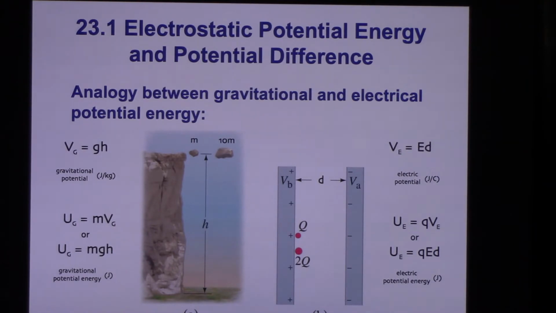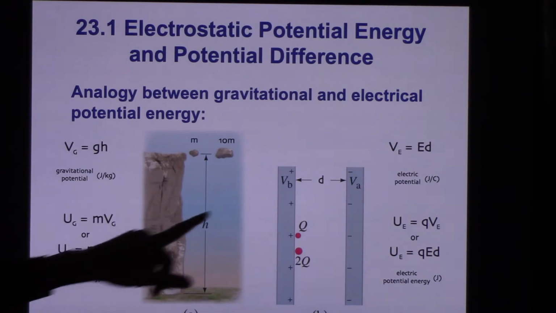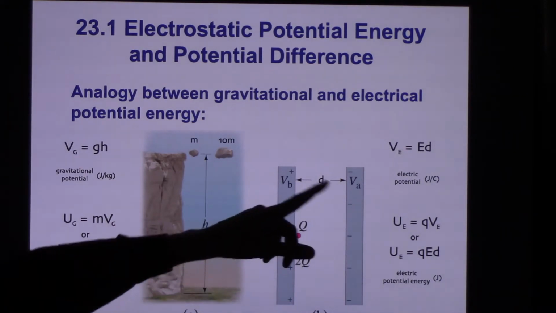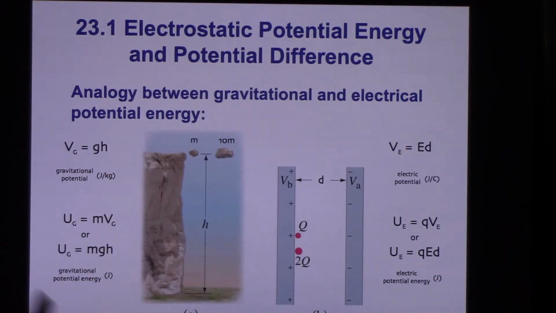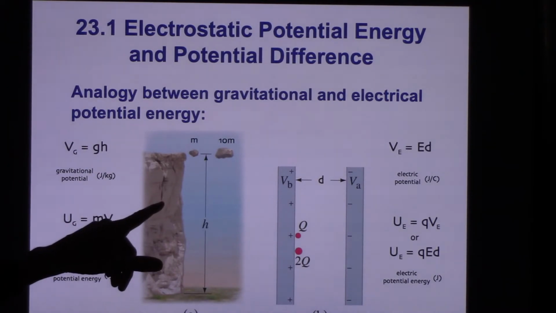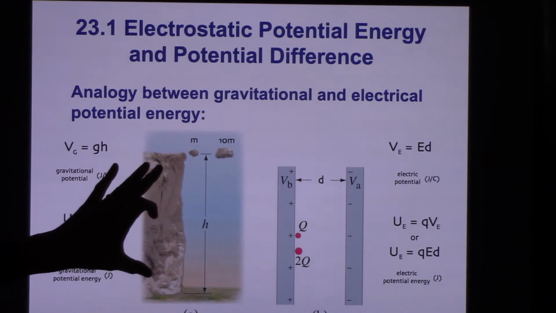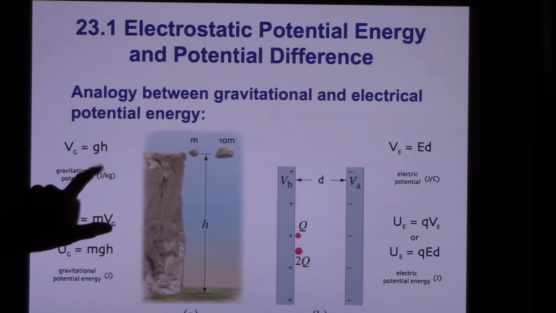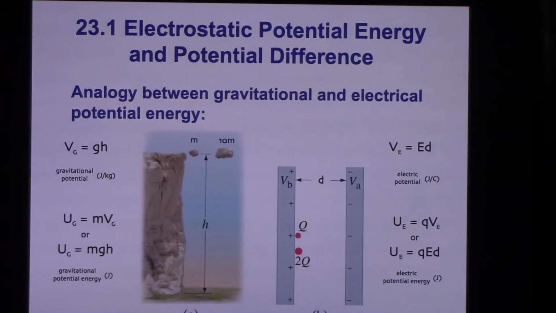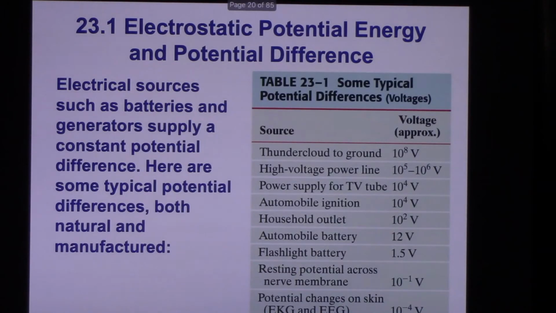All right, we're back to this picture again, and so I hope we've made some headway here in terms of defining gravitational potential energy, electric potential energy. These formulas are a simpler set of formulas because we've assumed in this gravitational case that the gravitational field was uniform, g is a constant, and over here we assumed that the electric field was uniform, that the electric field was a constant.